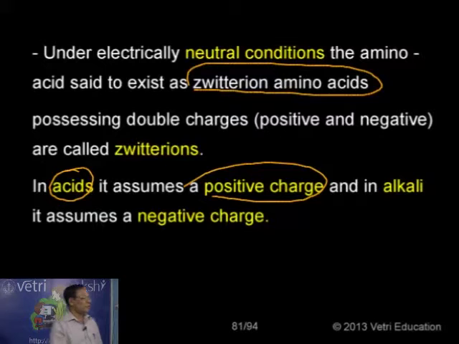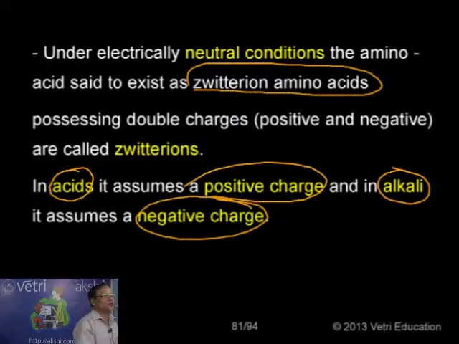When the same amino acid is placed in alkali, it possesses a negative charge. So, under neutral pH, it is in the Zwitter ionic form. In acidic pH, it possesses a positive charge. And in the case of alkalis, when the amino acid is placed, it possesses a negative charge.